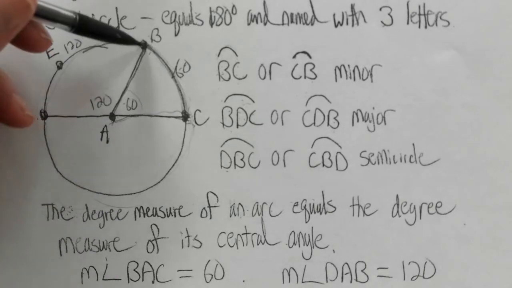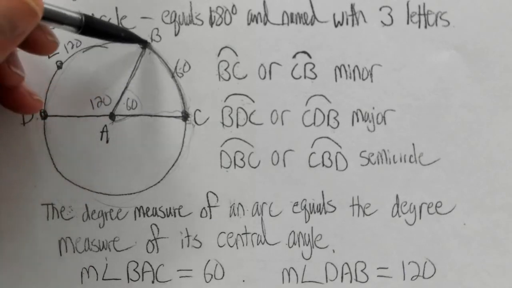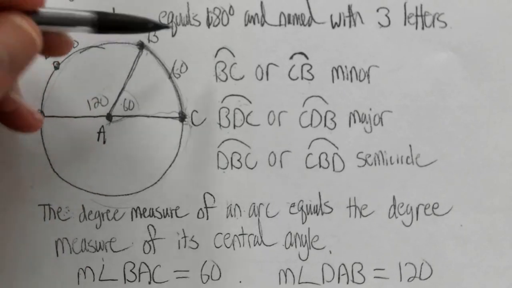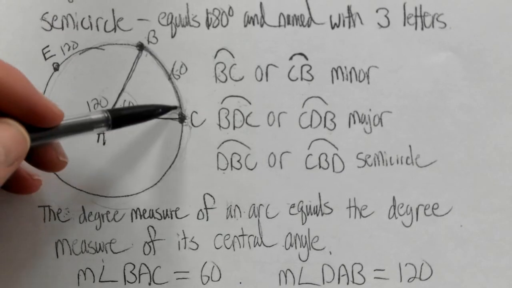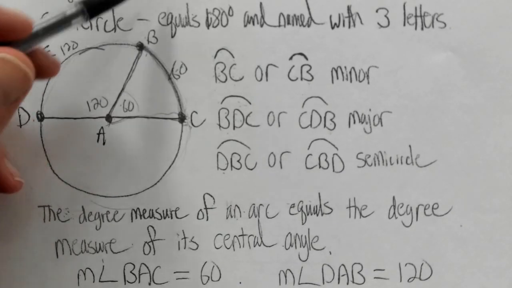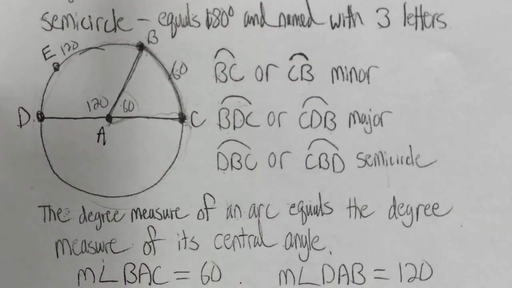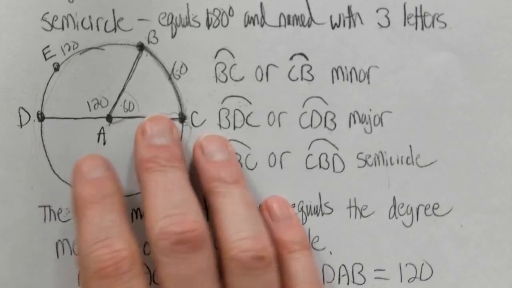The degree measure of the arc and how long the arc is are 2 different things. Because I could have a small arc that's 60 degrees and is 18 centimeters, or I could have a really big arc that's also 60 degrees, but its length is 140 centimeters. You see the difference?